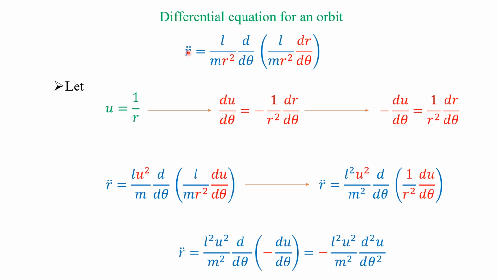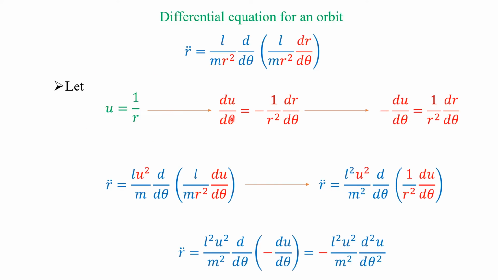We have seen that r double dot is equal to 1 over m r squared d over d theta of L over m r squared dr over d theta. Now we are going to define u is equal to 1 over r.